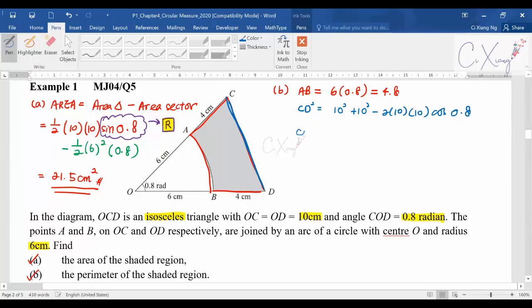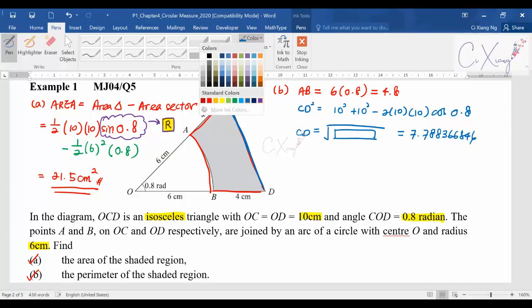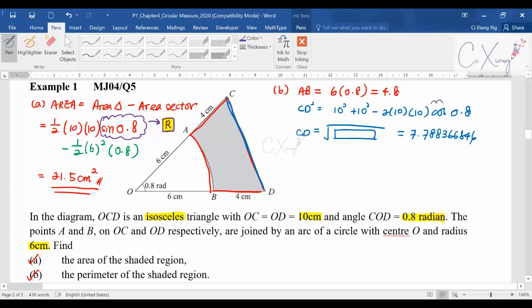And then after that, if you want to get the CD, it should be the square root of this whole thing. And then your CD value is 7.788366846.